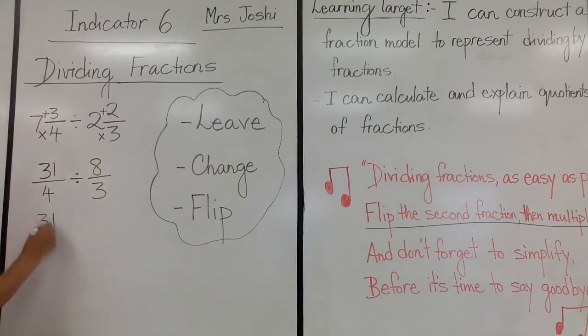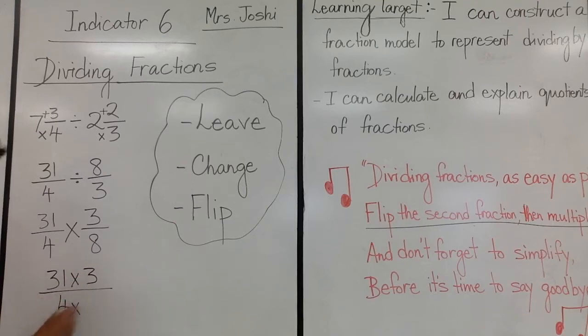So 31/4 times 3/8. Okay, now I can see that there is nothing that I can simplify, so I have to do 31 times 3 over 4 times 8.